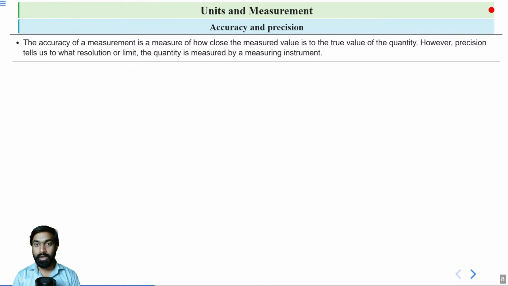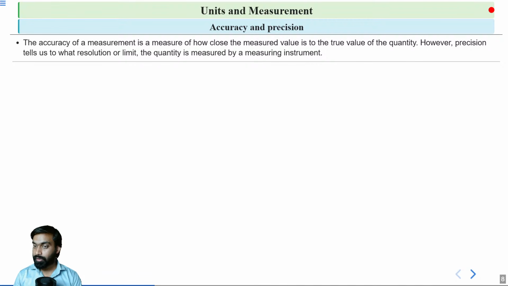For example, suppose the actual length of a ruler is 30 centimeters. That is the true value. If you measure it and state 29.9 centimeters, then your measurement is quite accurate because it is very close to the true value.